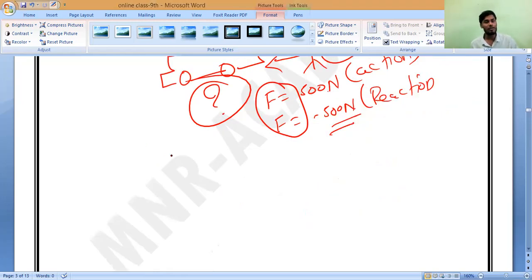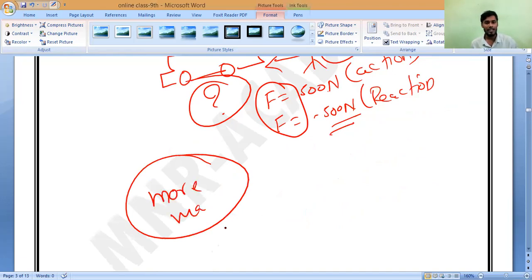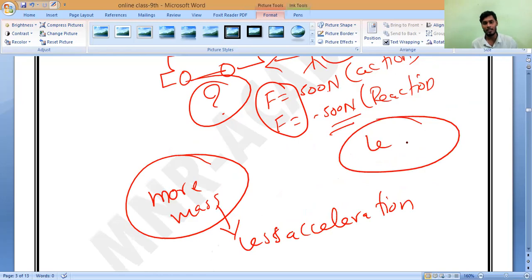The body which has more mass will have less acceleration. Is it yes or no? Yes, sir. The body which has less mass will have more acceleration with a constant force. Is it yes or no?